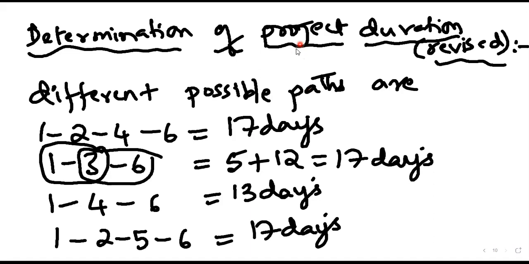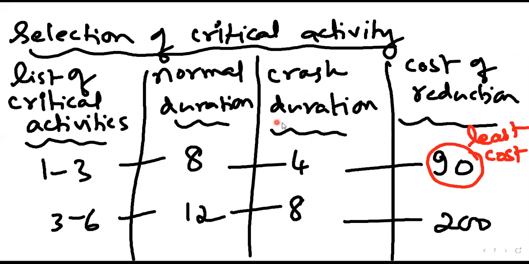Sir, one doubt is there, sir. Actually, in the previous path 1-3-6, the reduction period is 4, right? Then how will it become 3? That means we mean to say that here it is 4.